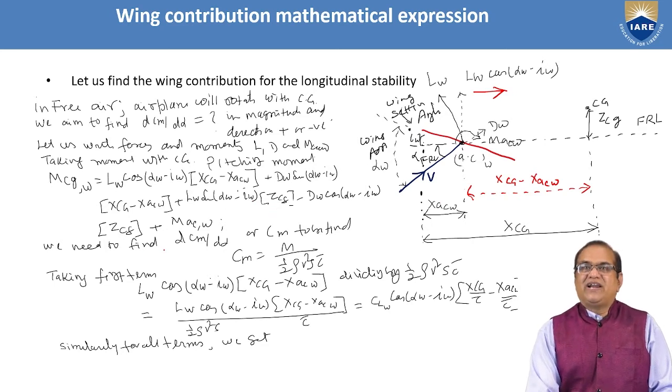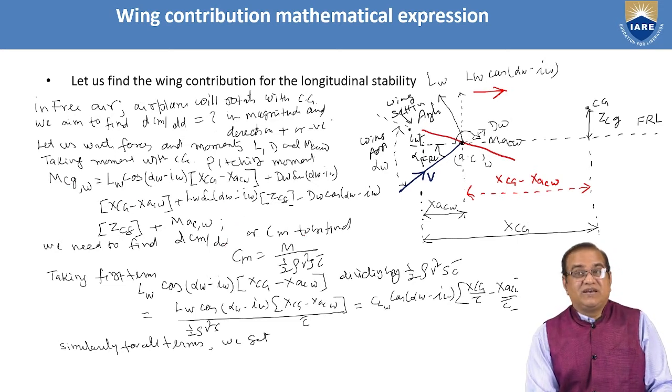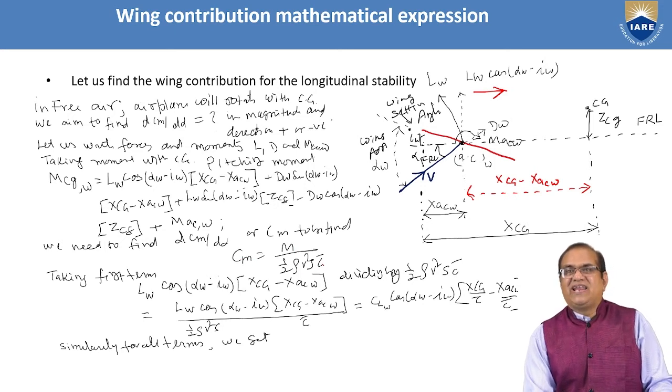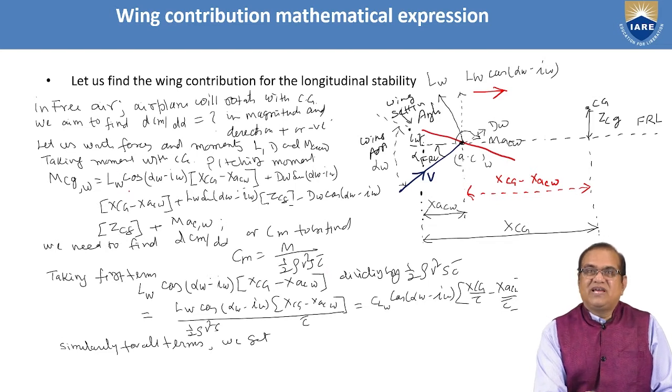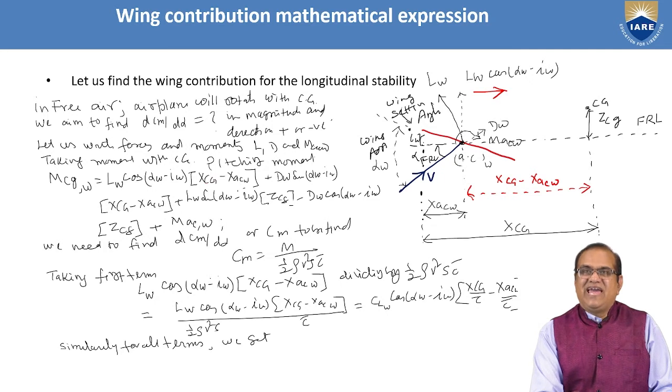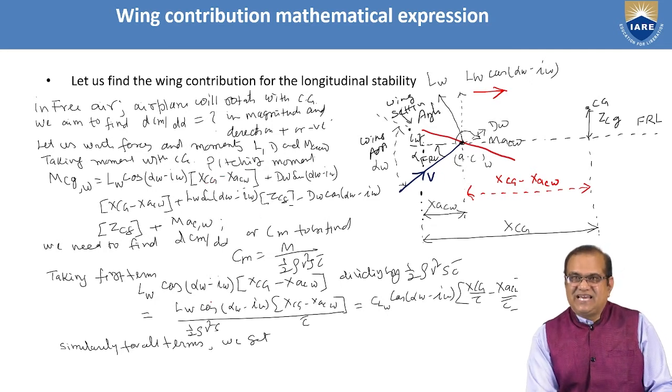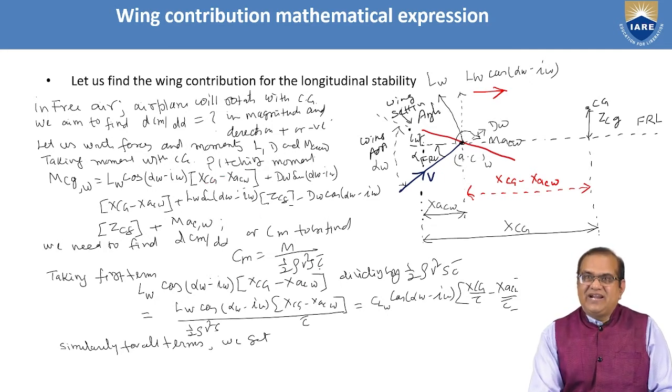Now we need to find dCm by d alpha. So here we got M, and from this M we have to find Cm. This Cm is equal to M by half rho V squared S c bar. So now I am taking the first term, L_W cos(alpha_W minus i_W) (x_CG minus x_ACW), and dividing by half rho V squared S c bar.